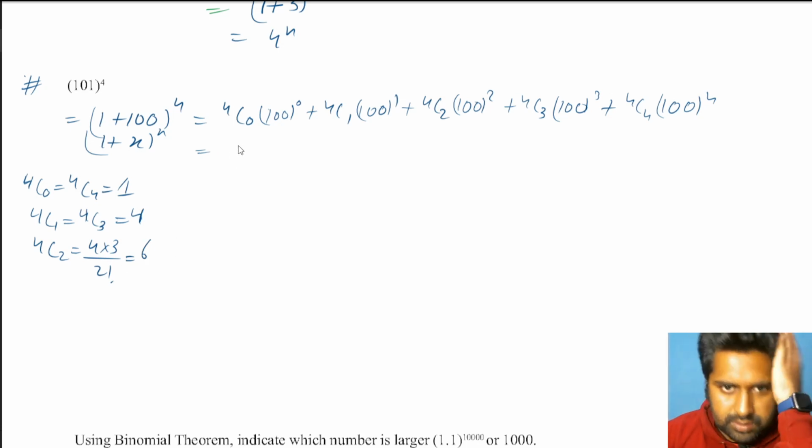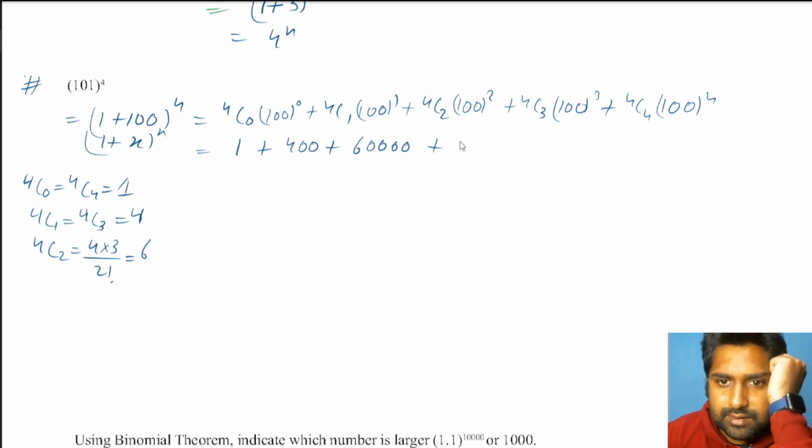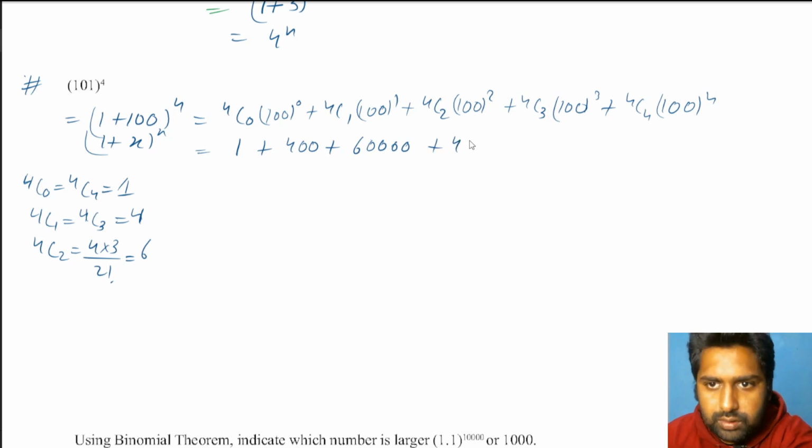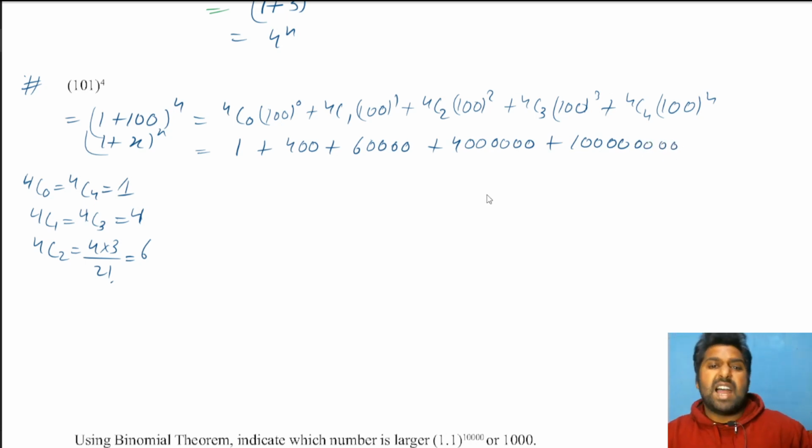So this becomes 1 plus 4 into 100, so 400, plus 4c2 is 6 into 100 squared, so 60000, plus 4 into 100 cubed, 4000000, plus 100 to the power 4, 100000000. Now you have to add this.